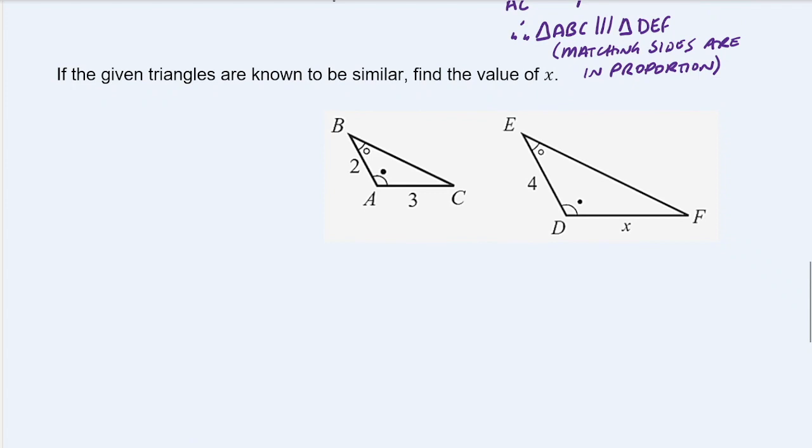Alright, last question, last example. The given triangles are known to be similar, so we already know that they're similar triangles. We now want to know the value of x.